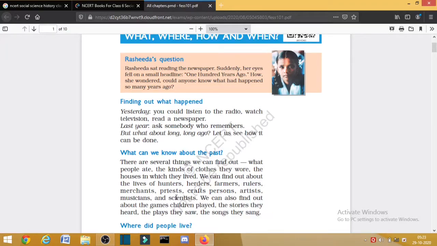Herders, farmers, rulers, merchants, and so on. We can also find out about the games children played those days, what sort of games children used to play, about that also. The stories they heard, the plays they saw, the songs they sang. This is everything here.